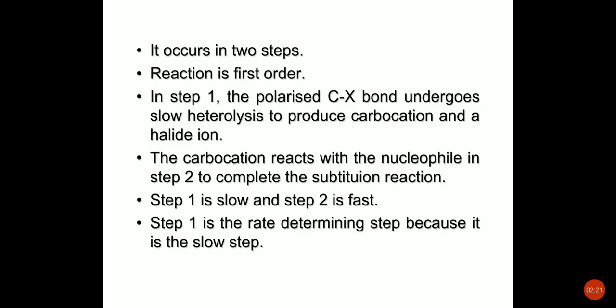Step 1 is very slow and step 2 is fast. So step 1 is considered the rate determining step because it is the slow step. Actually, the slow step is considered the rate determining step.